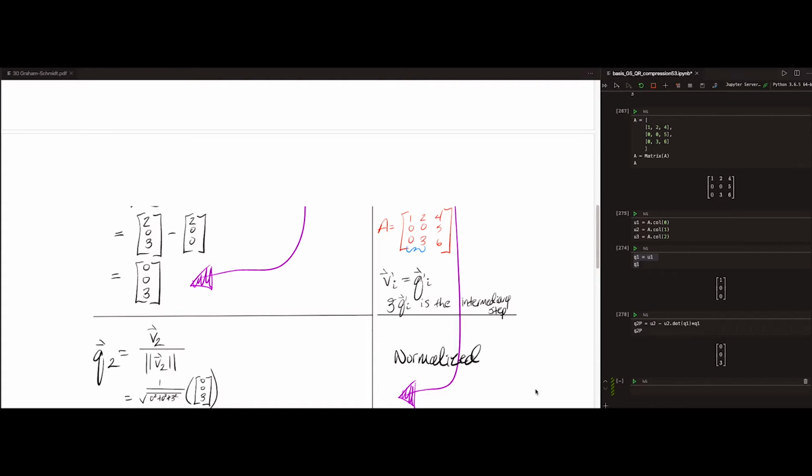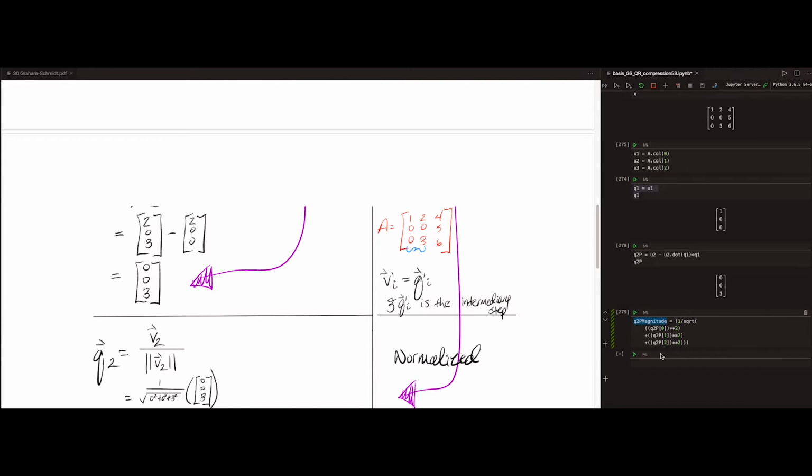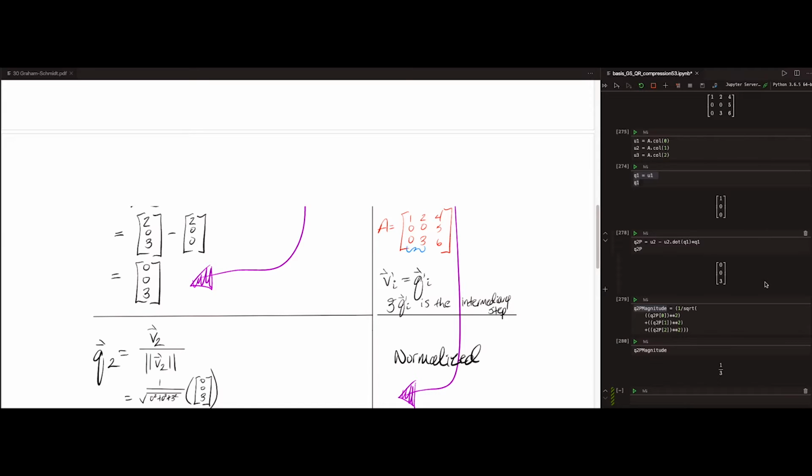What we actually want is the orthonormal. And to find that, what we should probably say is this magnitude, and just to show that this actually does exist, 1/3. And that's exactly what this would come out to.